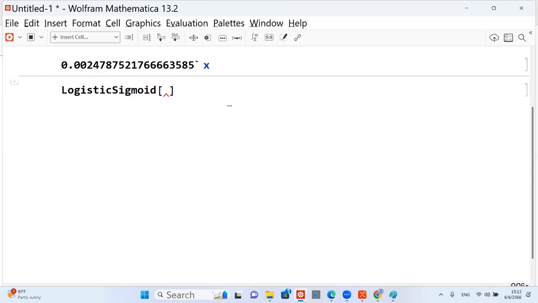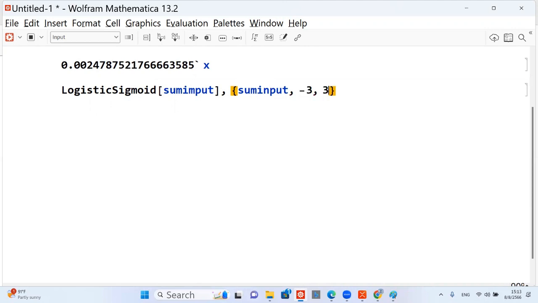So this logistic sigmoid is a function of the summation. Now, let's call it some input. And I'm going to plot it from, let's say, some input from -3 to 3 or something, because sometimes it can be negative. And let's plot this guy.